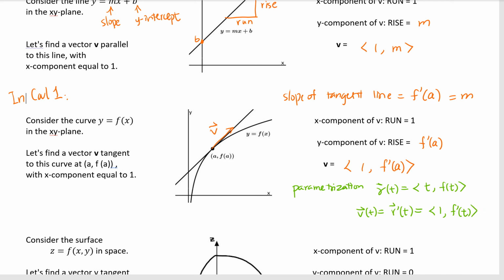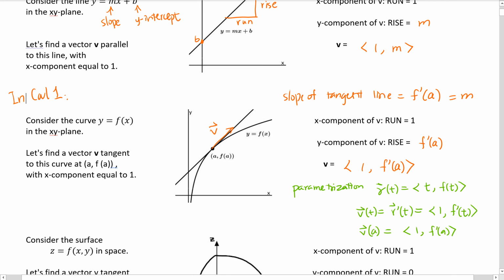And when we plug in a, because x equals t, when x equals a, that corresponds to t equals a, so that is 1, f prime of a. You see, our answer agrees.